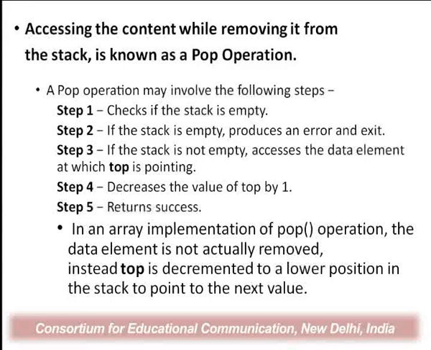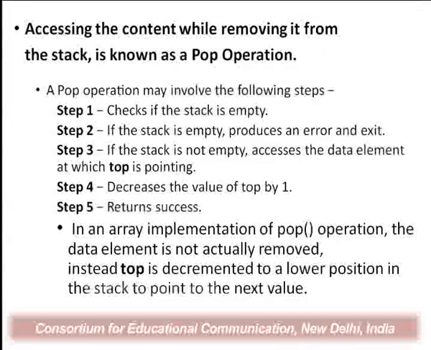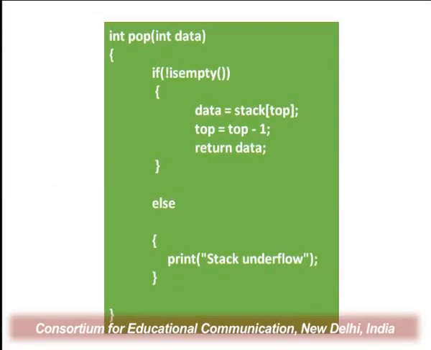So, in the array implementation of the pop operation, the data element is not actually removed. Instead, top is decremented to a lower position in the stack to point to the previous value. In case of pop, it is going to return an integer data. It will first check whether it is an empty stack or not. If it is an empty stack, then it will give a stack underflow error.